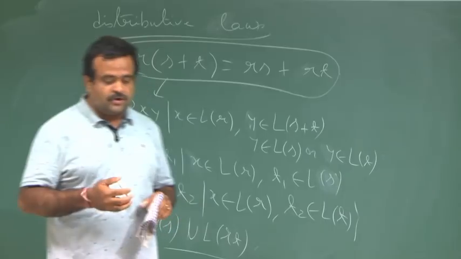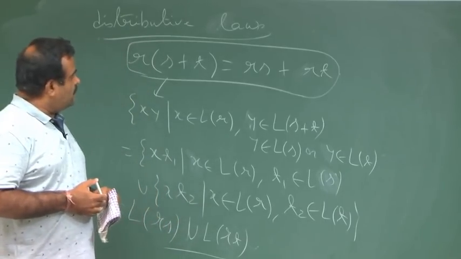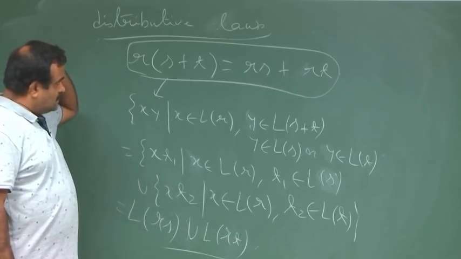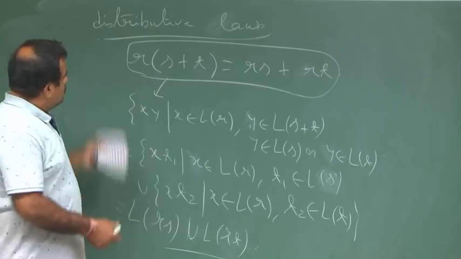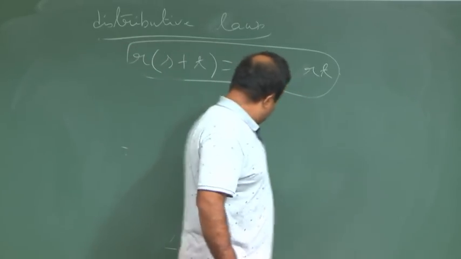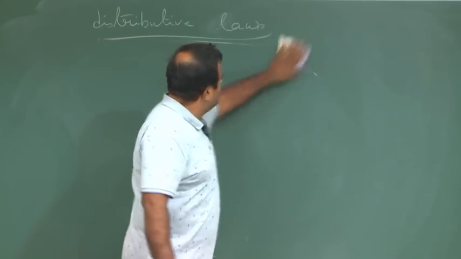Okay, so we are talking about the distributive law of the union operator used in regular expressions. We discussed the left distributive law in the last class. Similarly, we have the right distributive law.